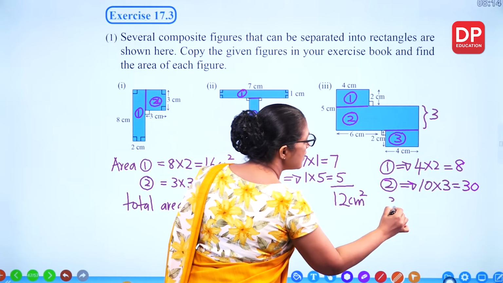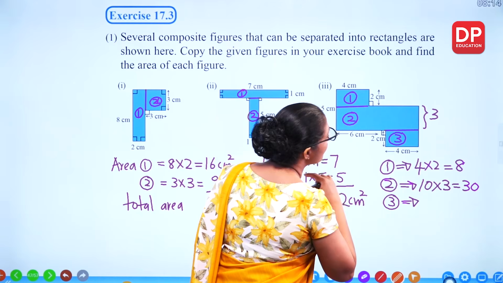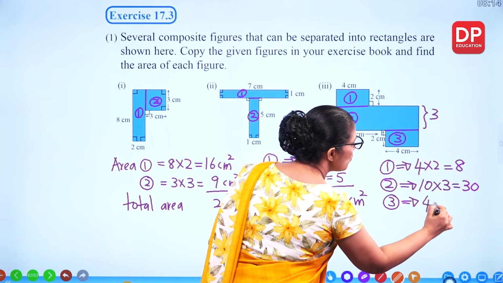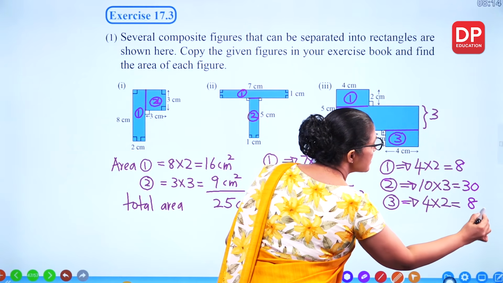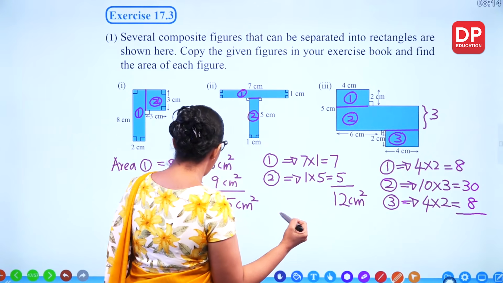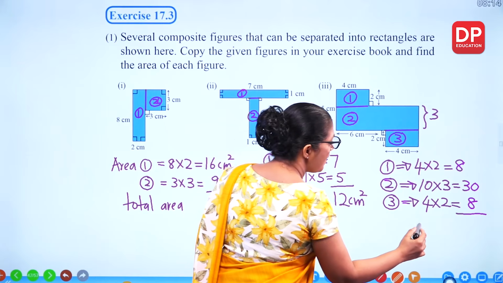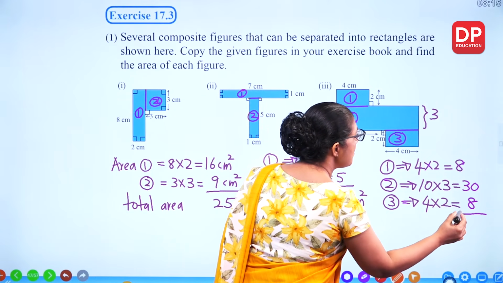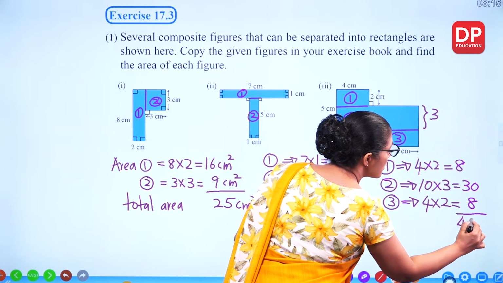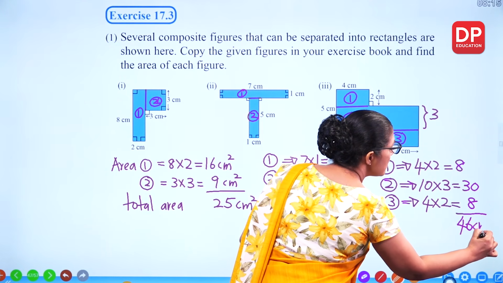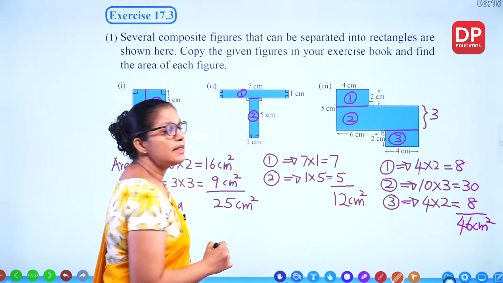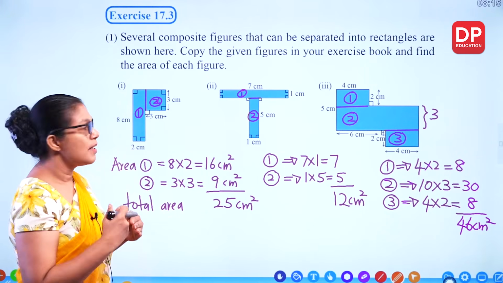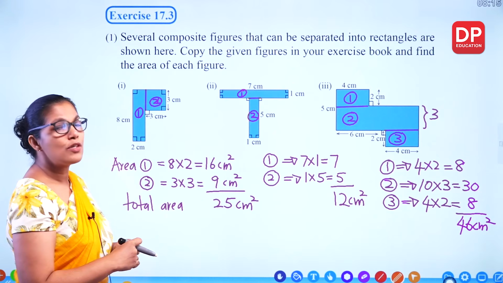And what's the third area? 2 is the breadth and 4 is the length. 4 times 2, that's 8. Now when you add it, you get the total area. So 8 and 8, 16. 16 plus 30, 46 square centimeters is the total area. So you need to divide the figures into several plain figures and find out the total area.